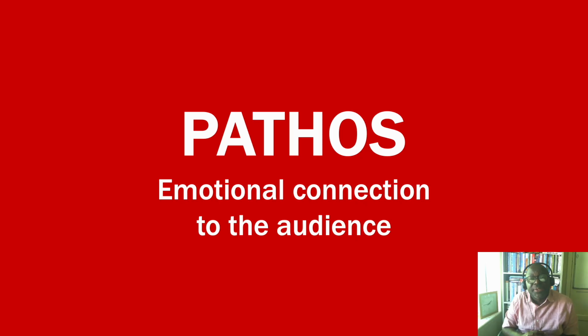The second persuasive appeal is pathos, which is about appealing to your audience's emotion, how you connect with them. People make decisions based not only on facts but also on feelings.